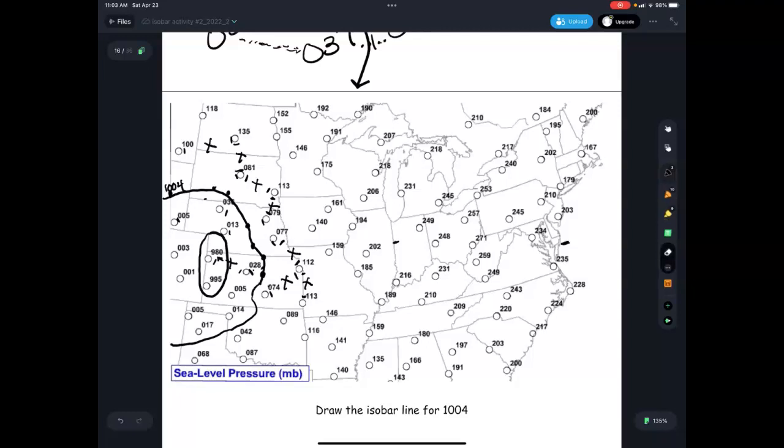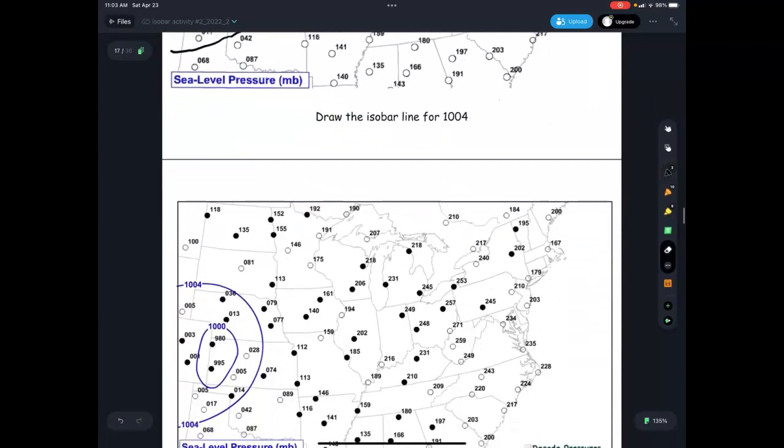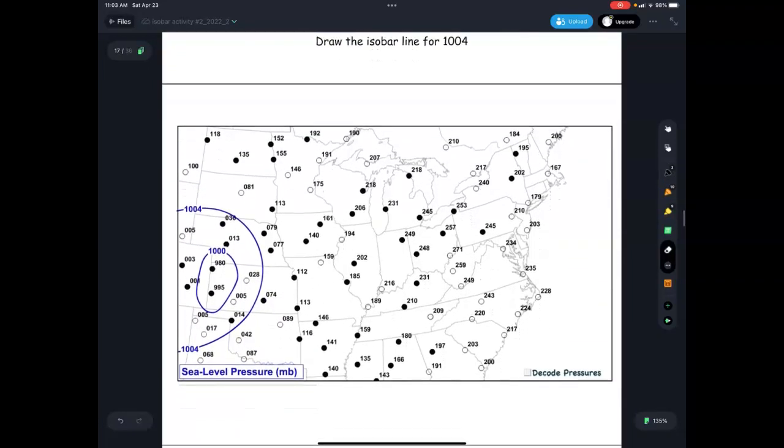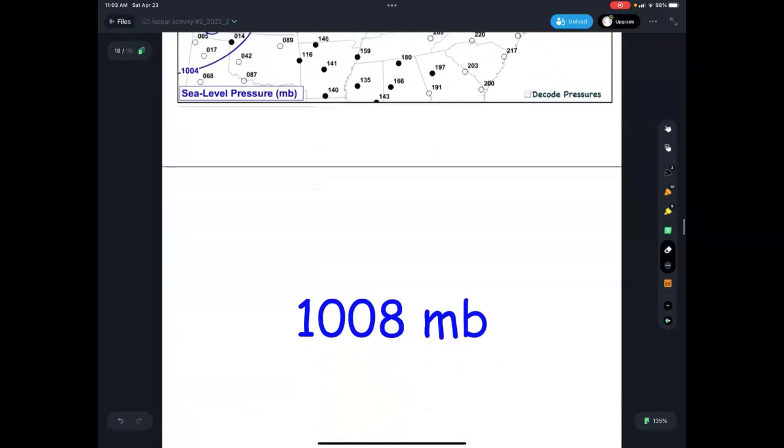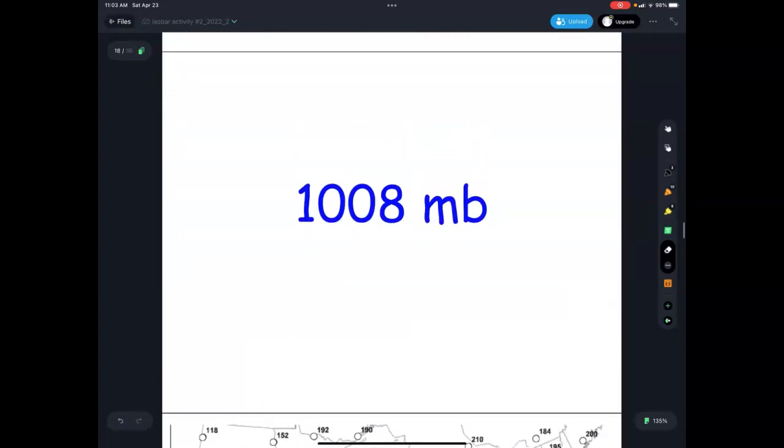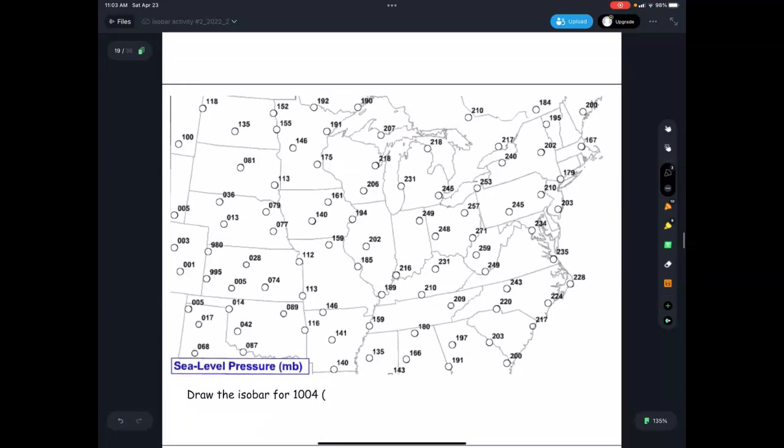Okay, now let's look at 1008. Remember that this is going to be written as 080 on the map in the formatted form. Everywhere that I draw my line, I'm telling my reader that the air pressure is 1008. Okay, I'm going to start anywhere.